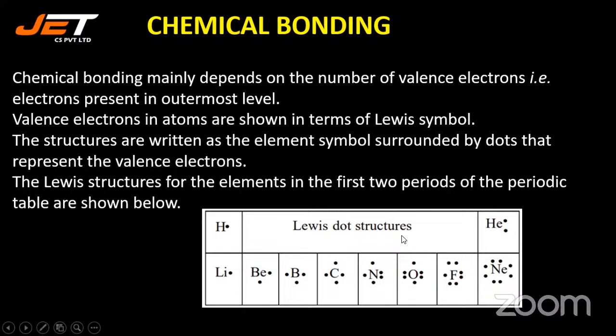While drawing Lewis structures, we will only consider the number of electrons in the valence shell. We will not draw all the electrons, only those present in the valence shell. Hydrogen has 1 electron in its valence shell, so hydrogen gets 1 dot. Helium has 2 electrons in its outermost shell, so 2 dots.